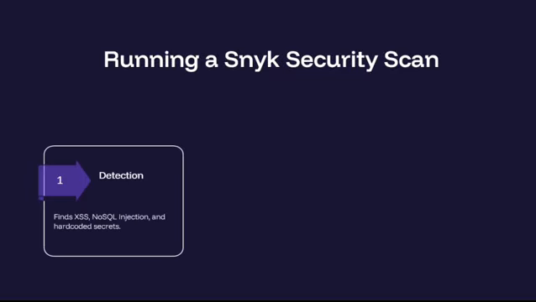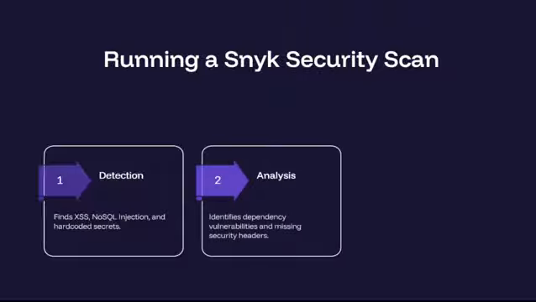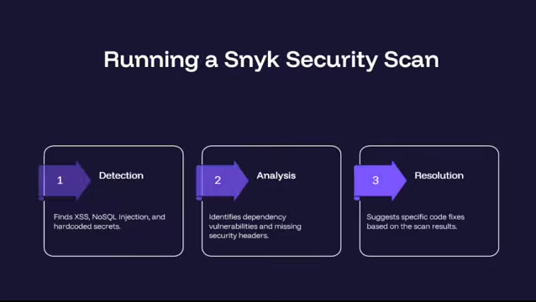You know, the process happens in three stages. Number one is detection, when Snyk scans the whole project and identifies vulnerabilities like cross-site scripting, NoSQL injection, or hard-coded secrets. Then the second one is analysis, where it checks project dependencies, missing security headers, and other potential risks.